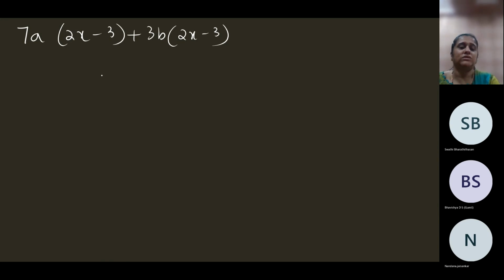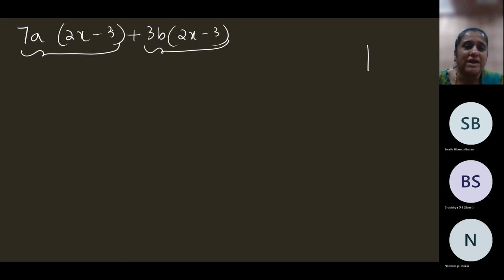All right. So now these are the two terms. I'll just explain one because it's new to you. See, this is one term. This is the second term. Now, between the numbers 7 and 3, the HCF is 1. Between A and B, there is A here, but no A here.